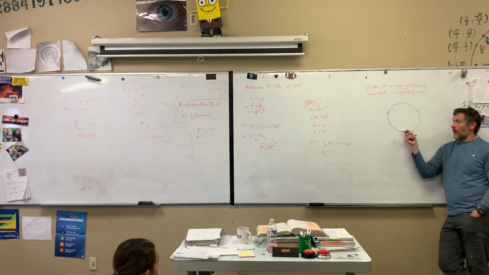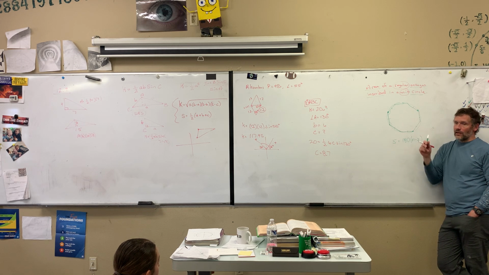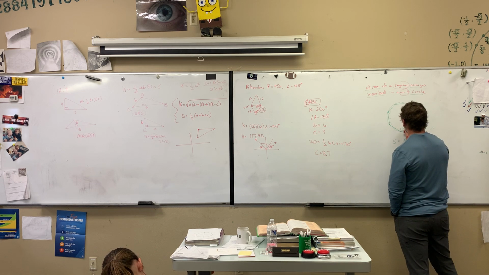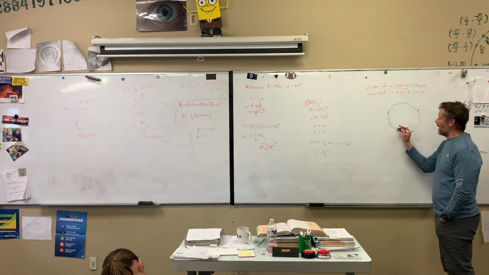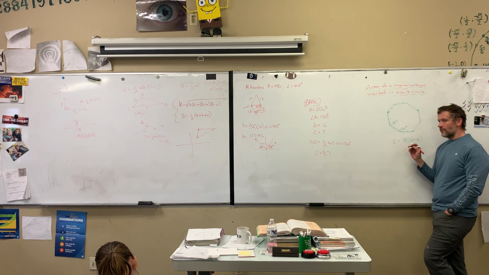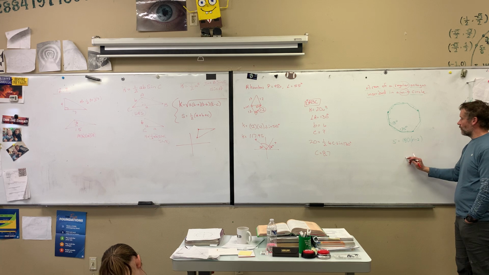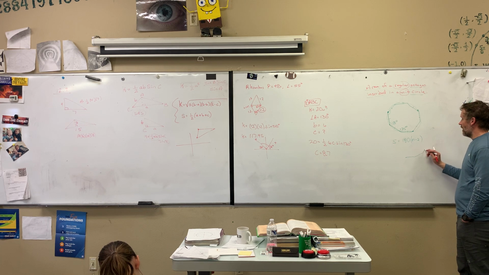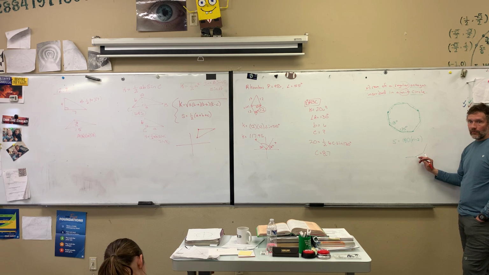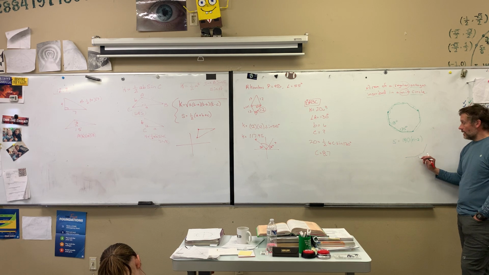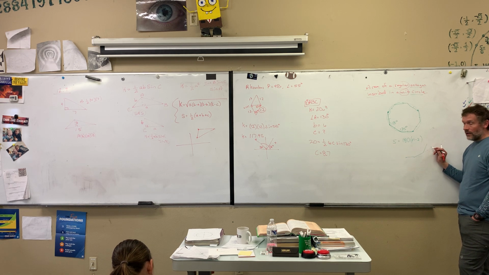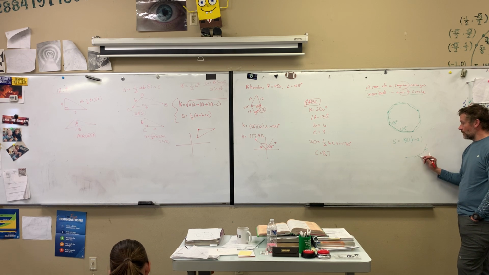Since it's regular, what's the angle measure of each angle? 135, right? So we know each angle measures 135 at each vertex. Now, the other way you could do that is another formula. In any regular polygon, the exterior angles, if you were to extend off there, are all going to be the same as well.